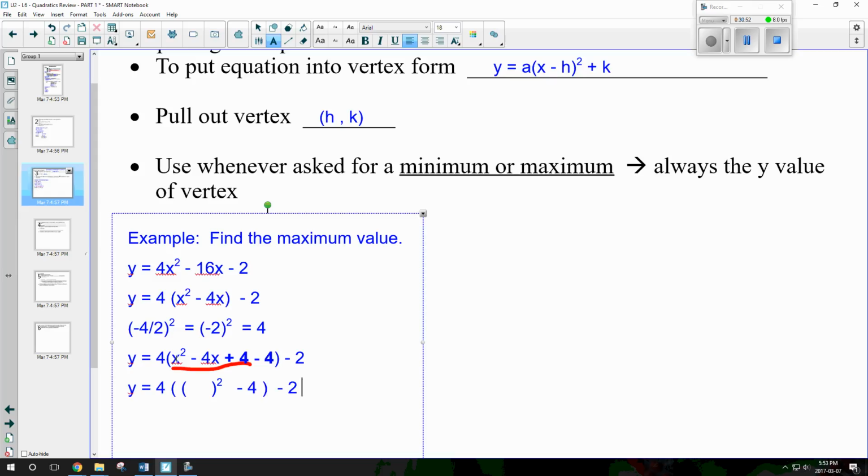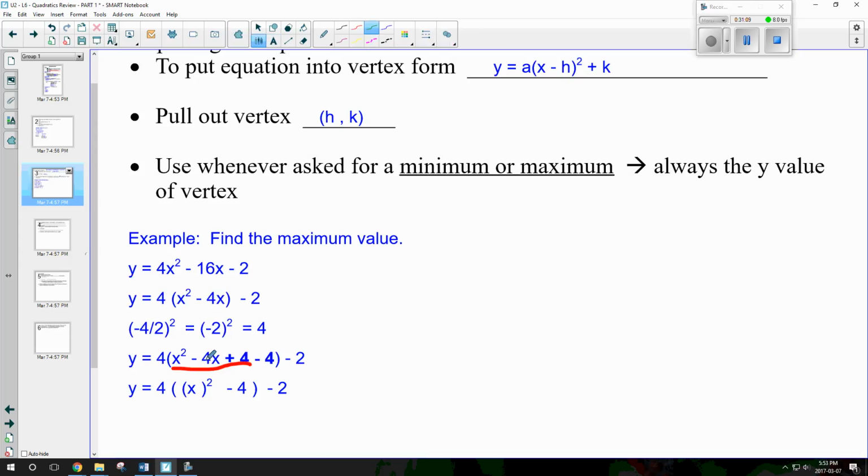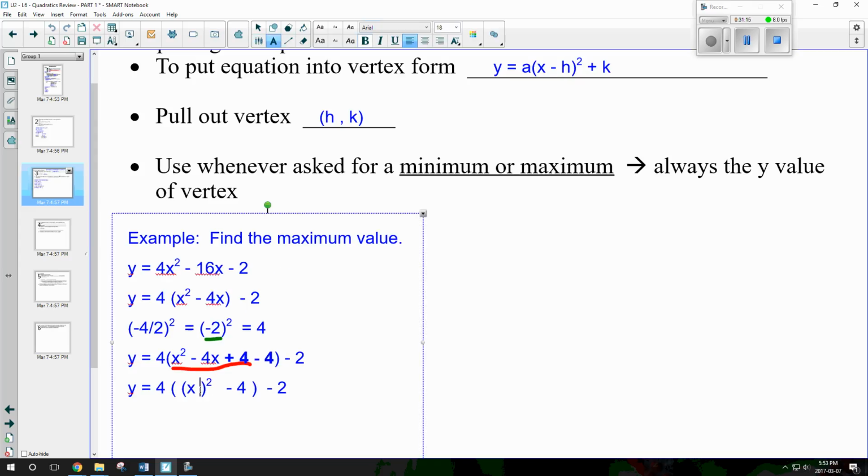The only ones that disappear are the first three terms that make up the perfect square. Inside of our squared brackets, we always start off with an x. And our second term always comes from the number we got when we divided, but before we squared. In this case, it's a negative 2. So inside our bracket, we do minus 2.